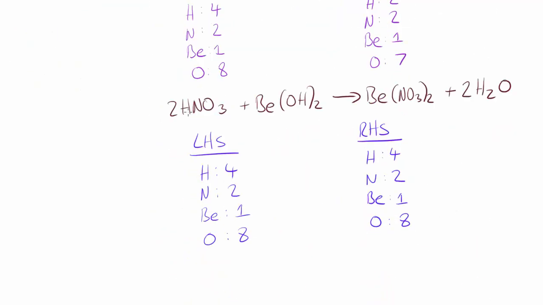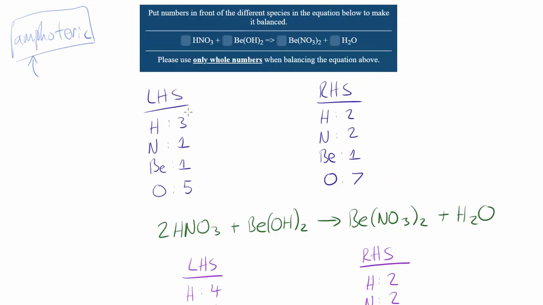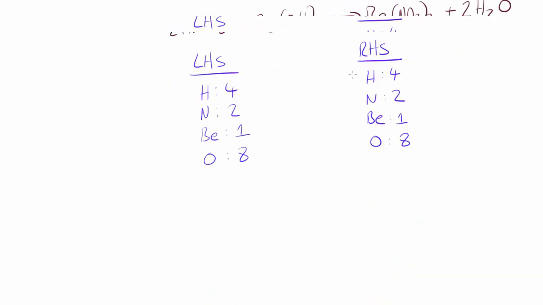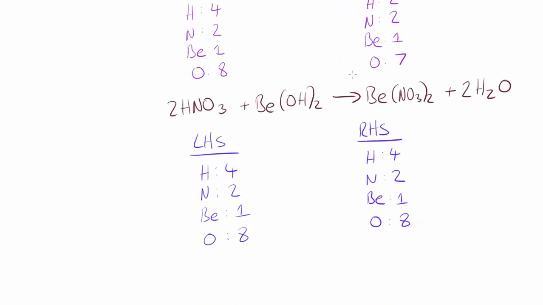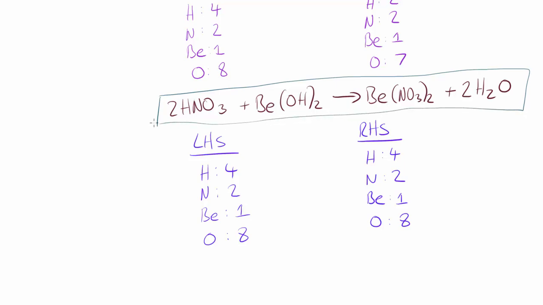So we can say that in the balanced equation, we're going to have effectively a 2 here and a 2 there. So in this case, this is our balanced equation, right?